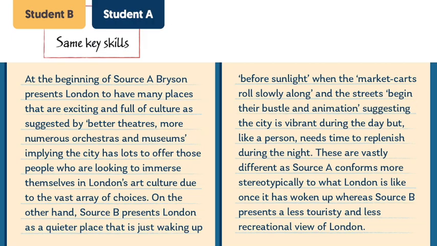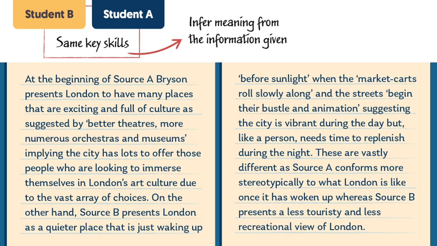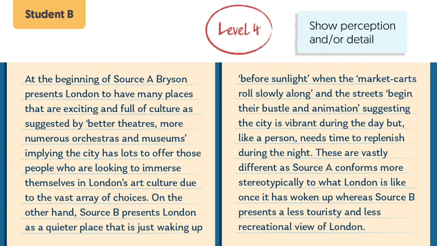Notice how the same key skills are demonstrated by Student B as we saw in Student A's response. They show their ability to infer meaning from the information given and show their ability to synthesize the information. But to secure the top band mark on the mark scheme, you need to show some perception and/or detail.